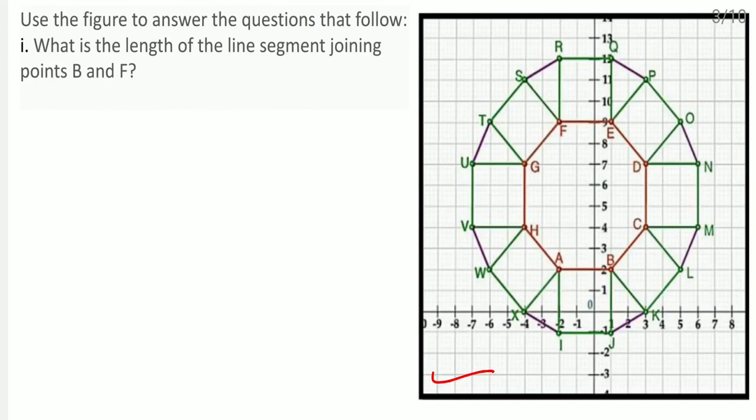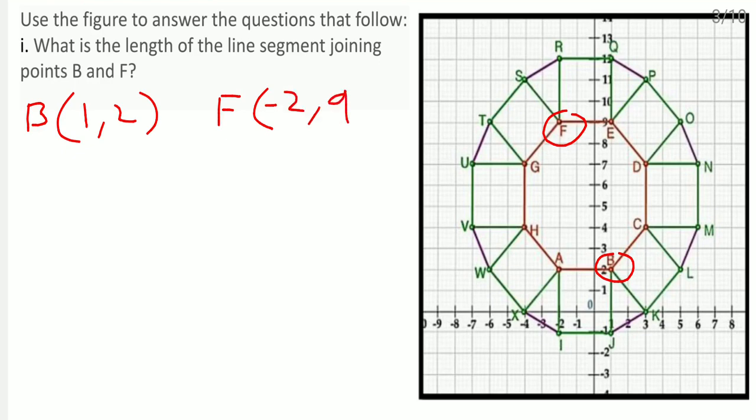Just look at the graph paper and write down the coordinates of B. Point B is at this place and the coordinates are (1, 2). And for F, the coordinates are (-2, 9).